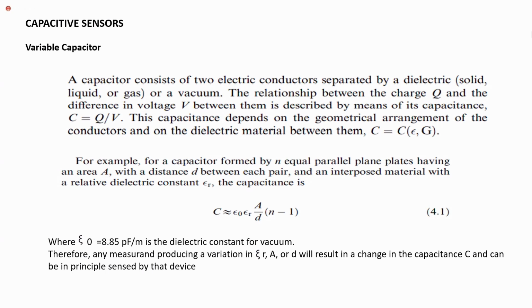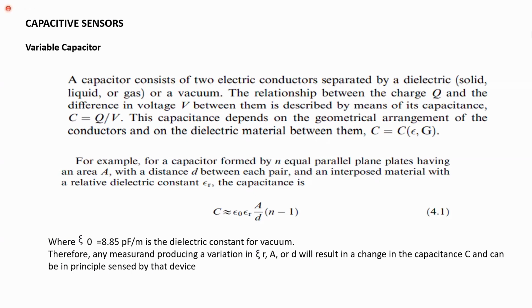Those 2 conducting plates will get charged, and that device will act as a capacitor, and capacitance is equal to epsilon naught into epsilon r into A divided by D into n minus 1.